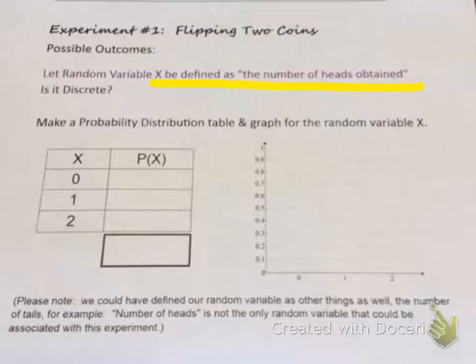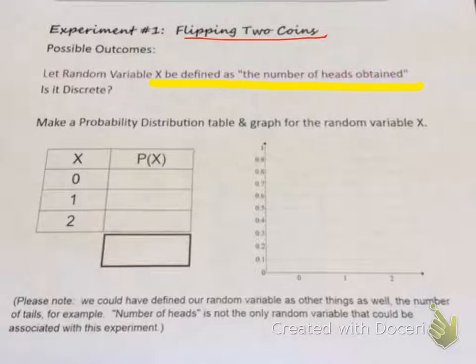It says first, let's make a probability distribution table and a graph for the random variable x. So I want to talk about, first of all, what happens when you flip two coins, and what the number of heads obtained is. We know we're flipping two coins because that's what we said we were going to do.